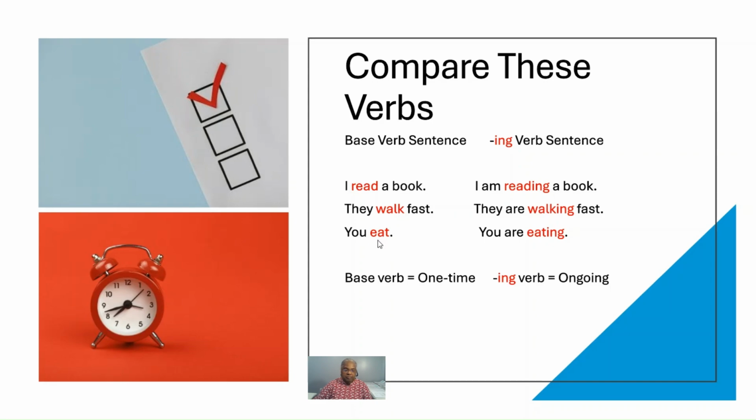Base verbs are the simple form of verbs. They tell what someone does. Example: I read a book. They walk fast. You eat. These verbs do not have any endings.